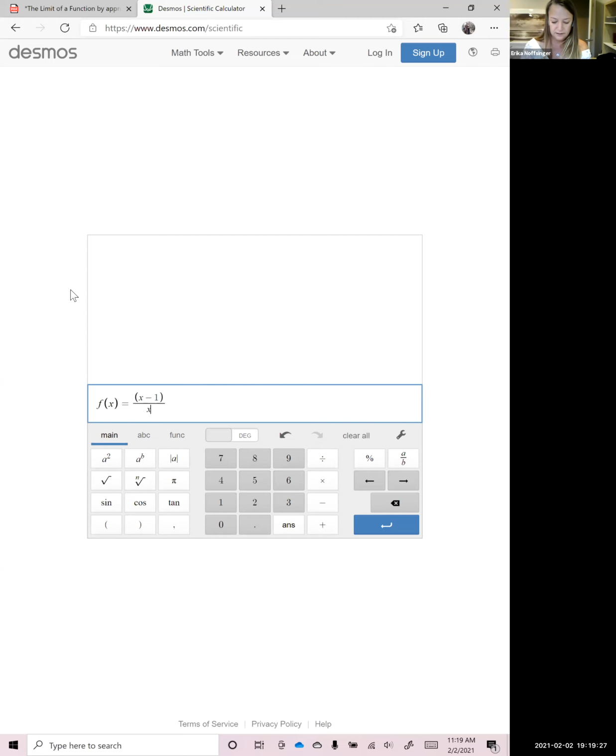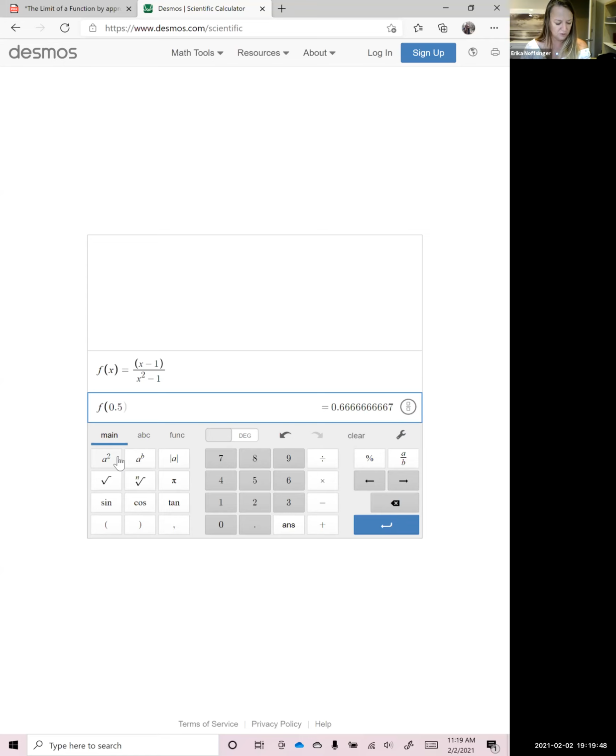You can do the caret symbol and it will bring you up to that power, or you can use the keyboard. Squared minus 1. So if I push enter now, let's evaluate it first.